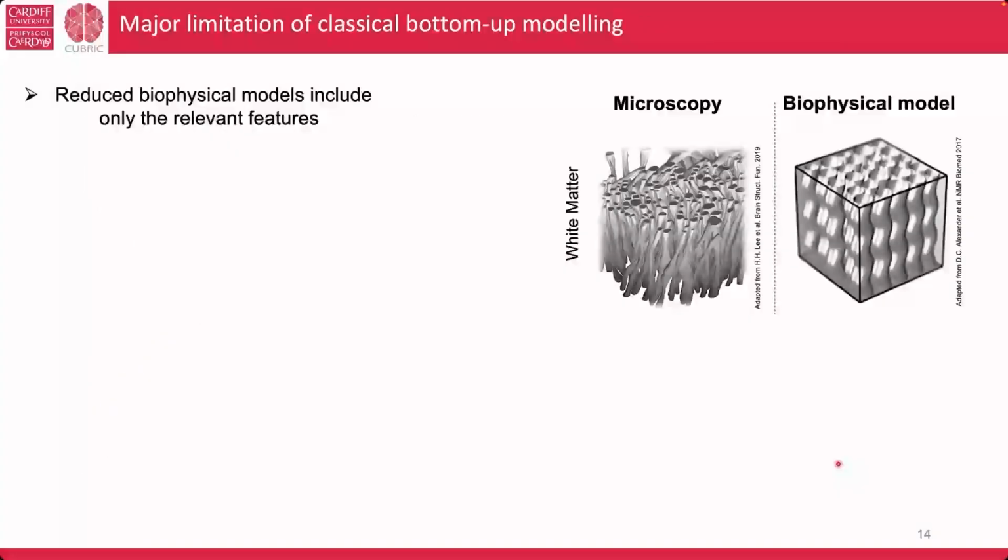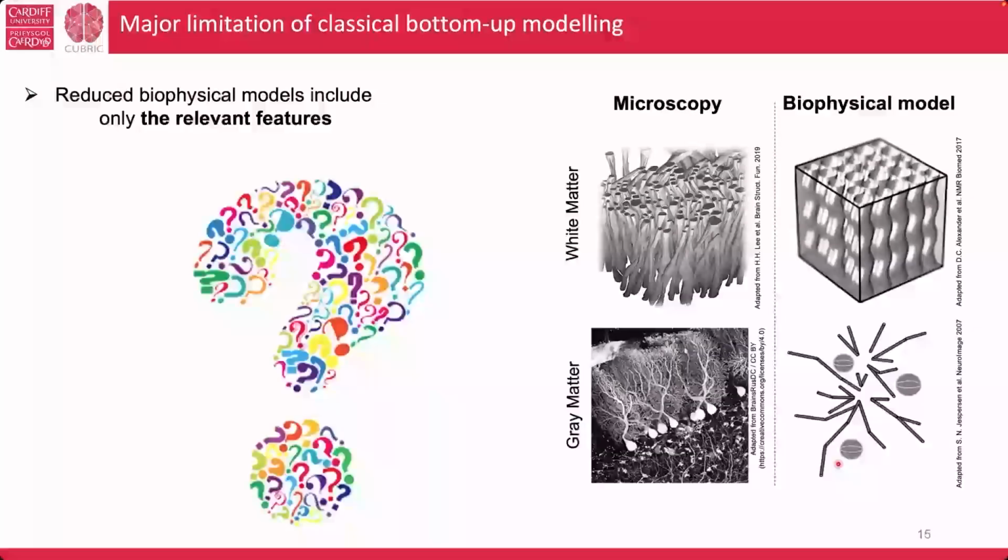What we tried to do is to move away from these strong simplifications of the model. And we thought if we need to use a simplified model, we need to identify what the relevant features are. And this is often done with a priori hypotheses based on theoretical considerations.